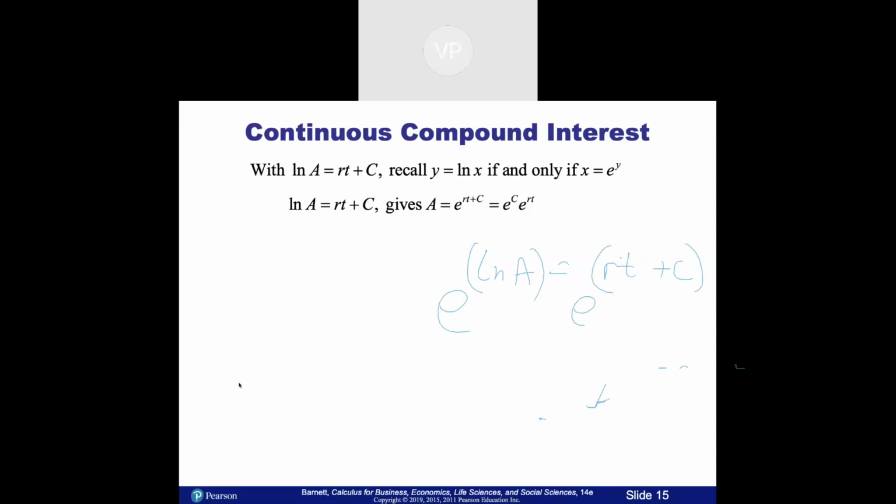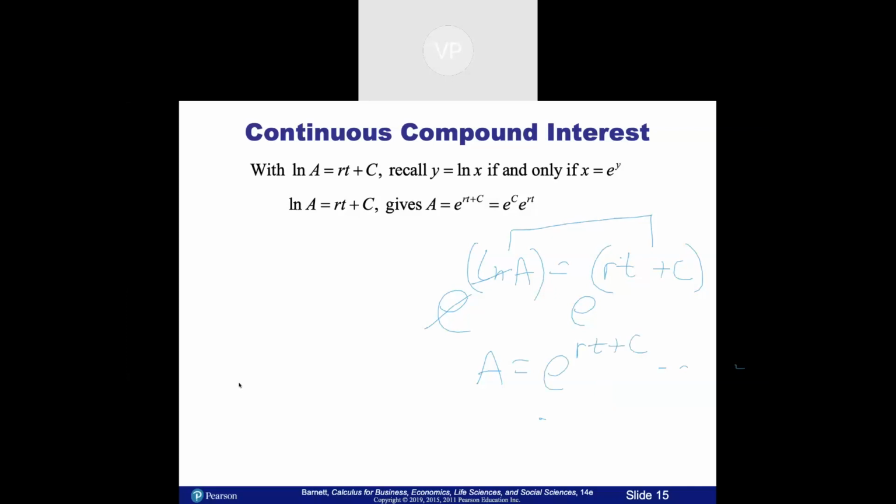Both of these things are equal, and they'll still be equal if I make them both powers of E. The reason I do that is that E to the natural log simply cancels out, and then you have E to the RT plus C.